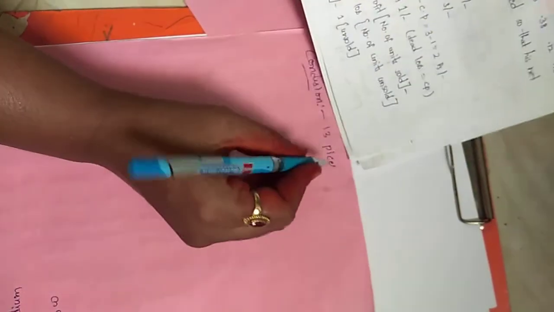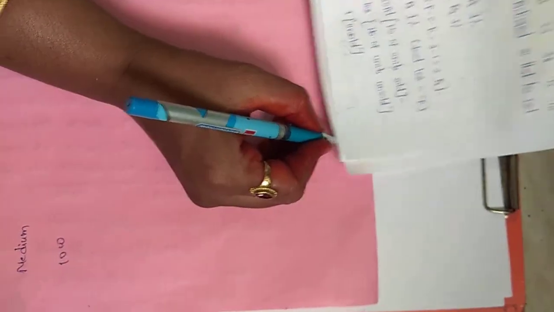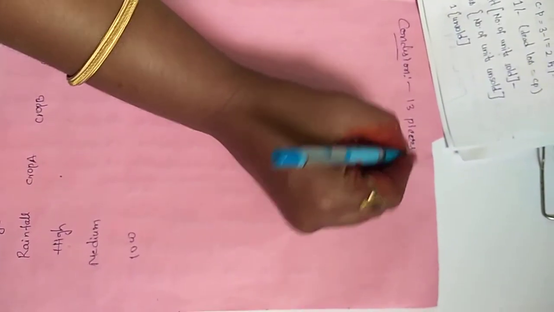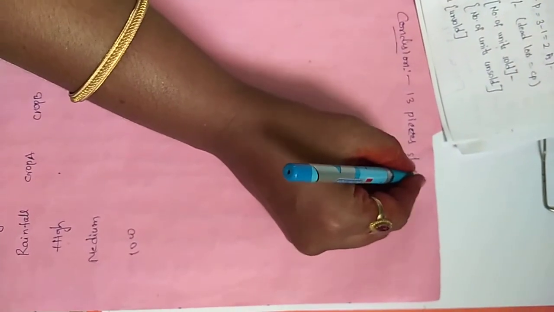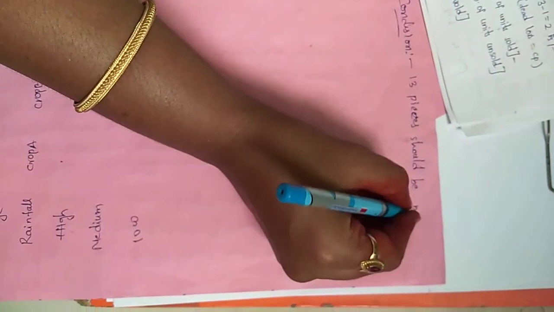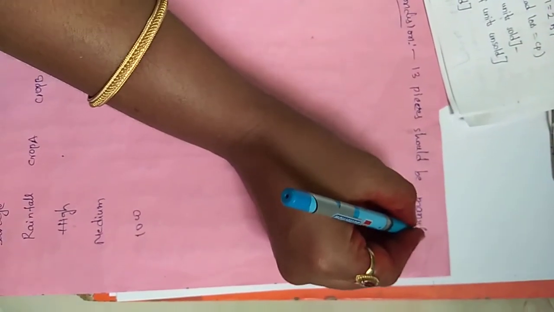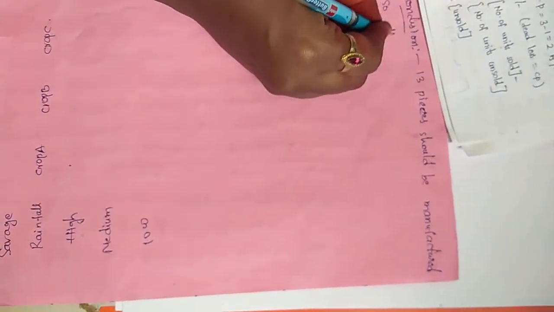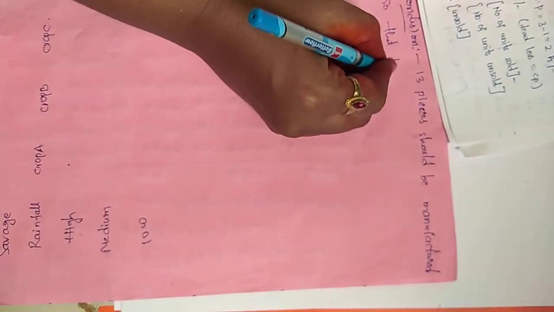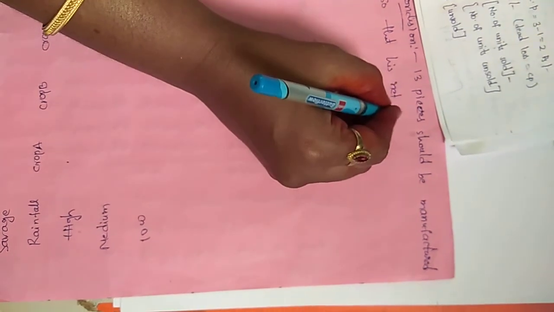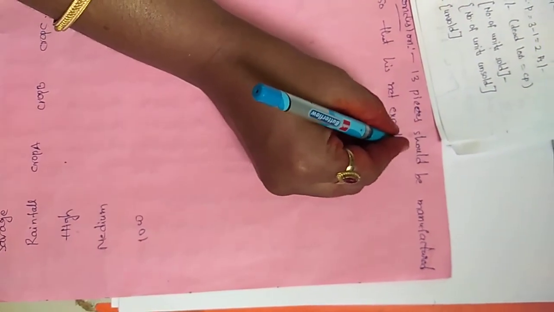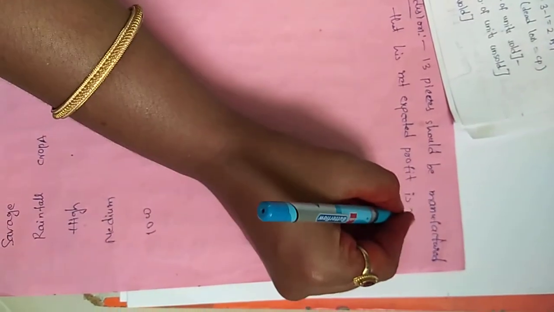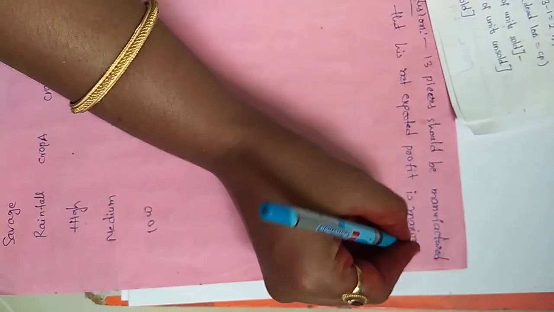That means 13 pieces should be manufactured so that the net expected profit is maximum.